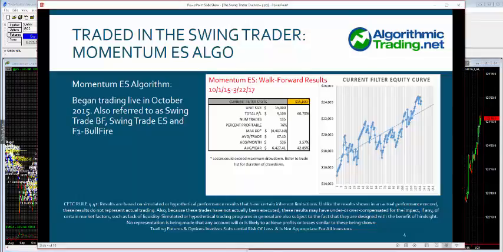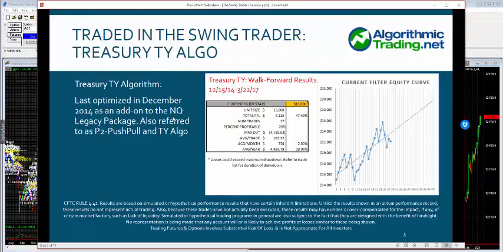I'd also like to talk about the second algorithm that's in this package, which is the Treasury Note algorithm. Okay, so the Treasury Note algorithm is, I believe, one of the longest running algorithms we have that we still sell today.